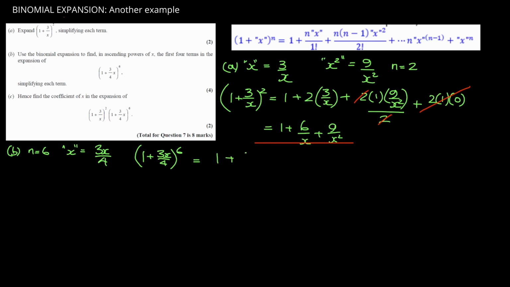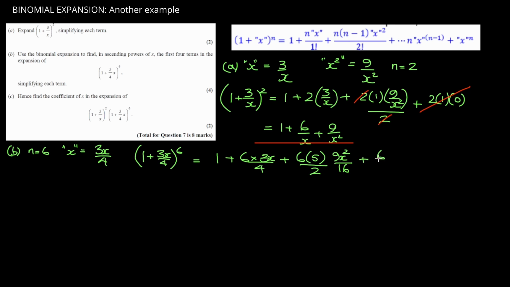So this is 6 multiplied by 3x over 4. And I'm not going to bother about the divide by 1. Plus n, 6, 5. Now this term's squared, which is 9x squared over 16. Oh, and I forgot the divide by 2 because of 2 factorial underneath.